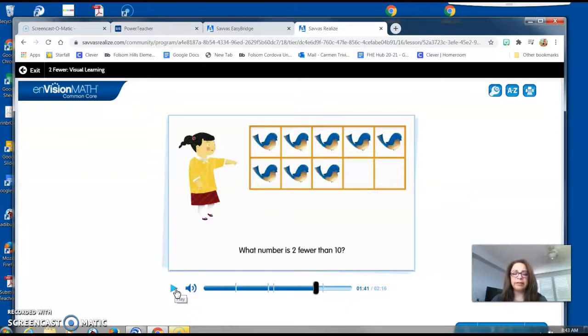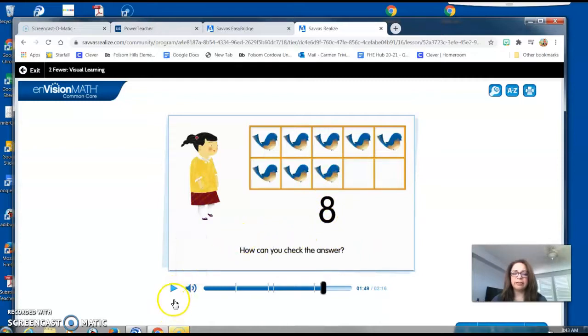All right, let's see if you have the right answer. 8 is 2 fewer than 10. Good job. How can you check the answer? How can you check to make sure that this number is correct? Think about it.